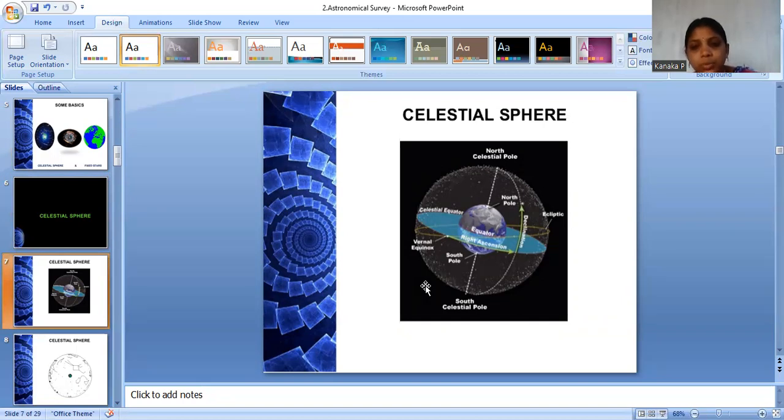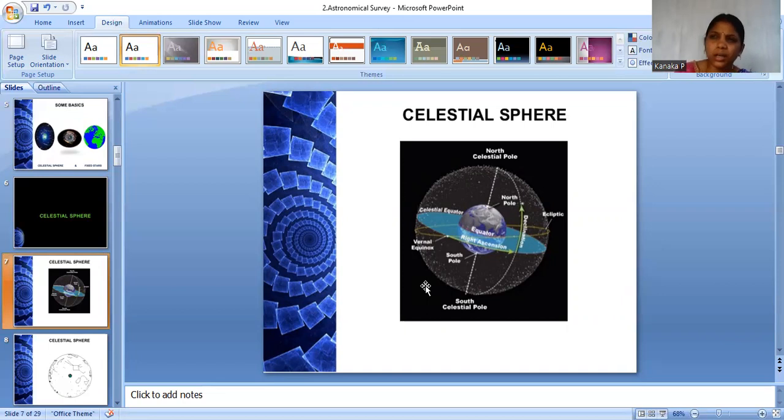It is convenient to picture the stars as distributed over the surface of an imaginary spherical sky, having its center at the position of the observer.